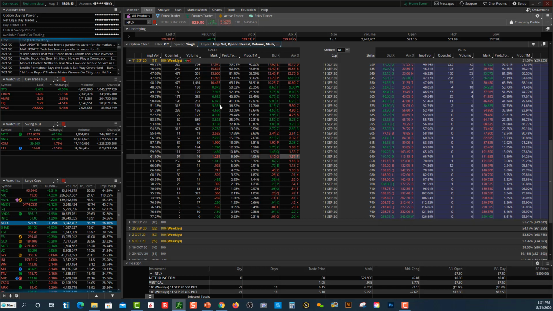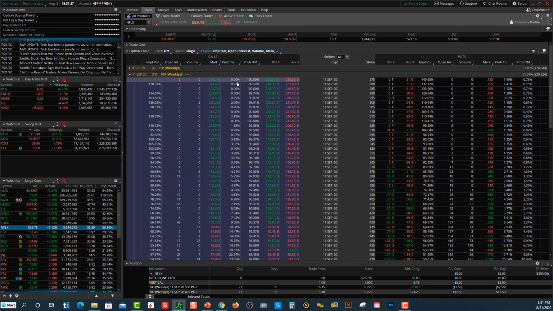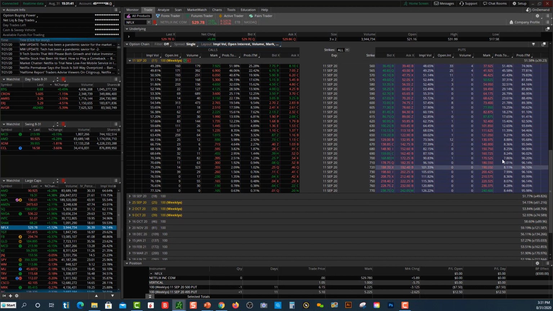Obviously, within 2 weeks, let's say, or 11 days, the odds of Netflix going from $530 up to $770 are not very high. But then the odds of Netflix dropping down to $275 are not very high either. That's why you'll see the probability of in the money percentage is way higher down here and way above out over here.